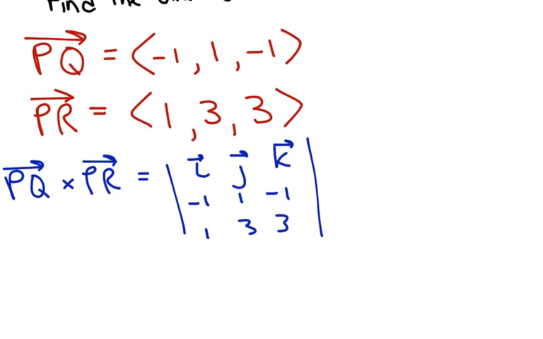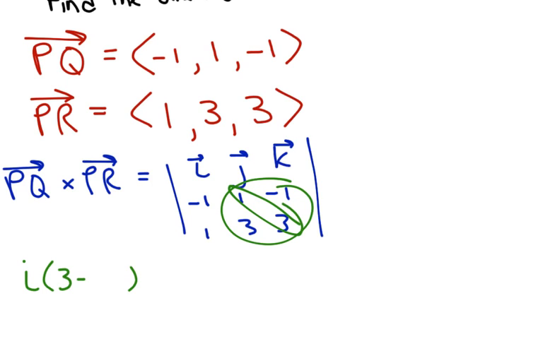I'm going to start to skip steps when I do this, so pay close attention. The first term is going to be I times this determinant. It's going to be 3 minus -3. Minus J, I'm going to use the determinant of these.